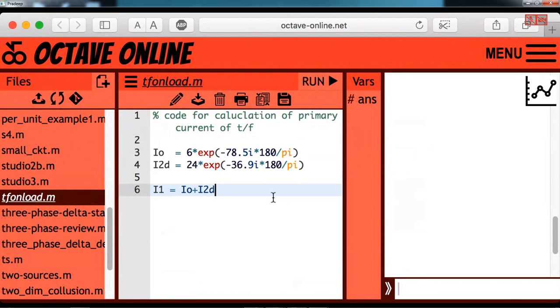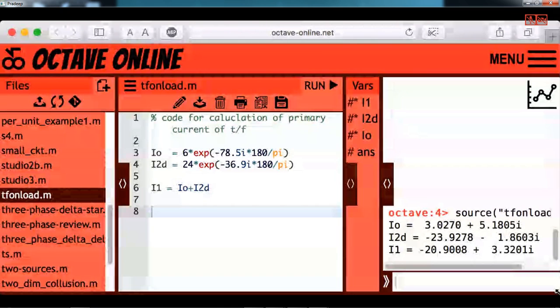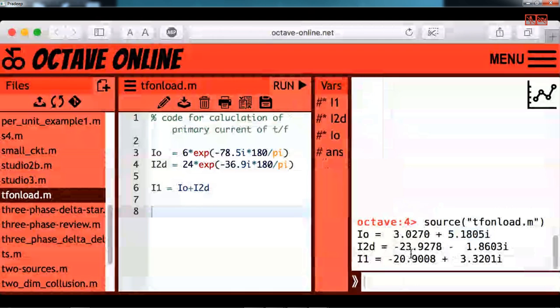I can simply save this program, and now if I run it, on the right hand side you can see the program is executed, we got the results. What is I naught? 3.027 plus like this, and then I2 dash and I1 we have calculated. I1 I am getting is minus 20.9 plus 3.32.